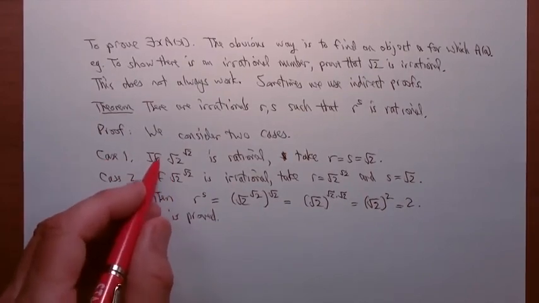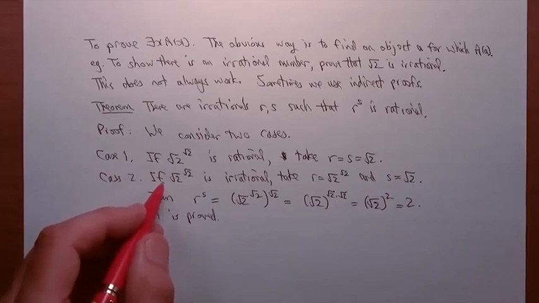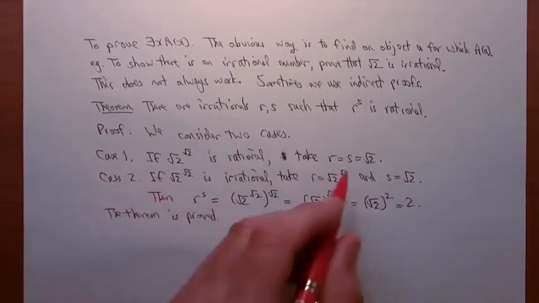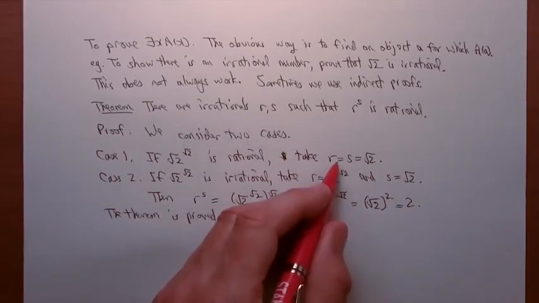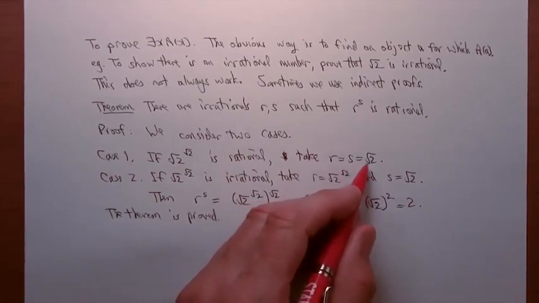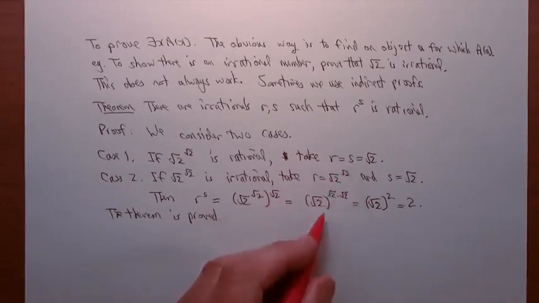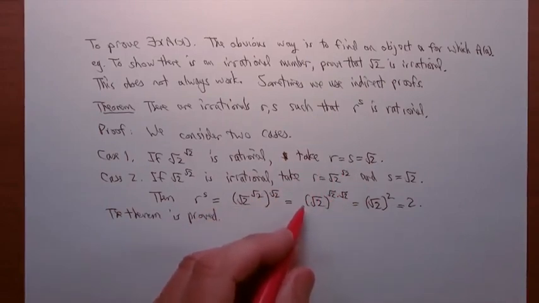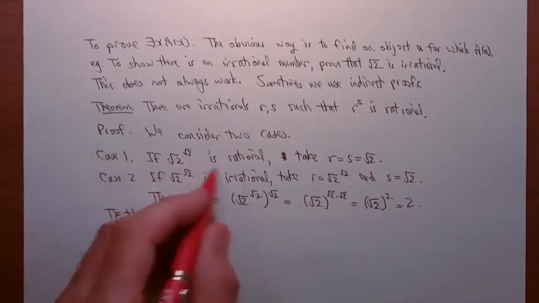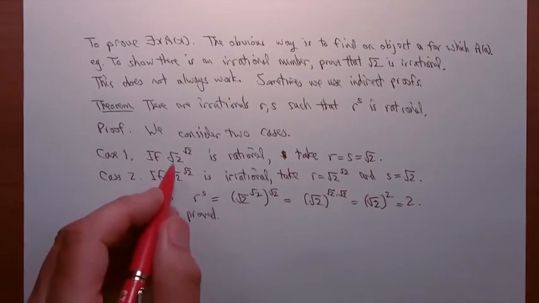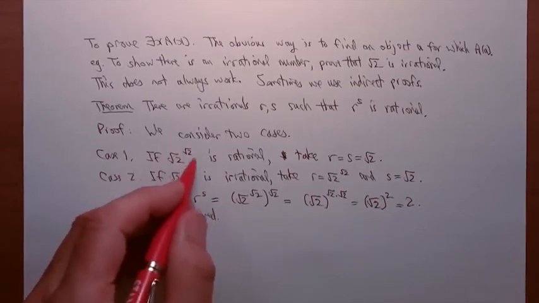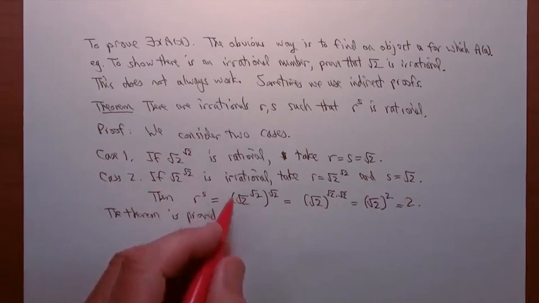We simply look at the two alternatives, and depending on which alternative we're in, we take different irrationals r and s, with r to the s being rational. So the choices of r and s are different in the two cases, but because these two cases exhaust all possibilities, this number is after all either rational or irrational, this proves the result.